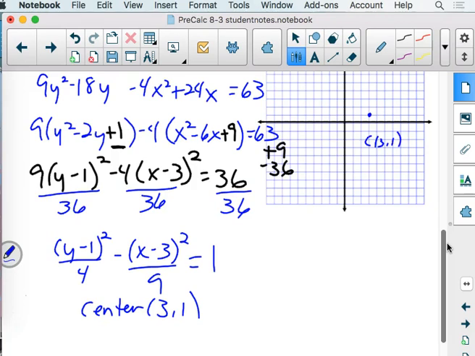Horizontal or vertical? Vertical. How far up and down? 2. And again, without graphing, this didn't say we had to graph it.